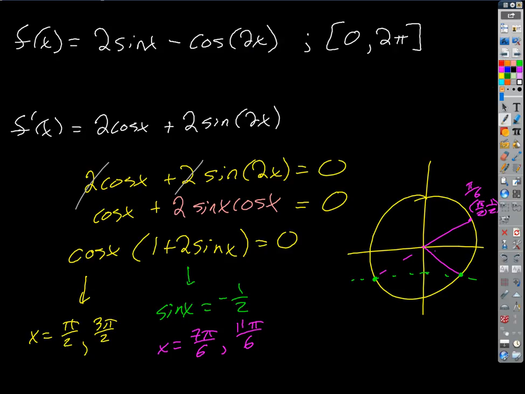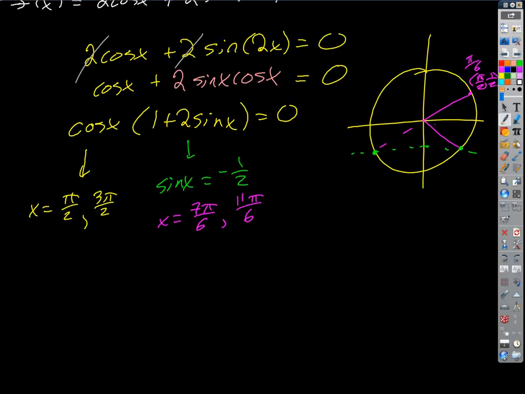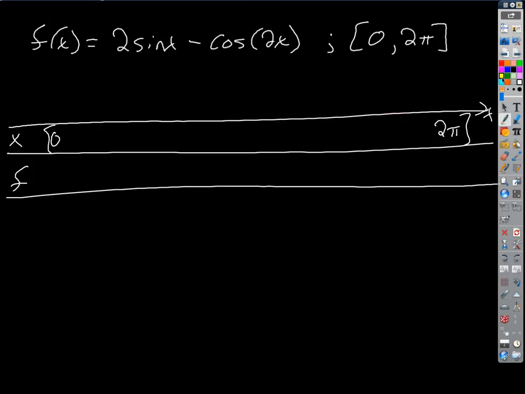And what do we get in order here? Our zeros are going to be pi halves, 7/6 pi, 3 halves pi, 11/6 pi, if I write them in order. Okay, like that. And then we just have to evaluate our function in those places.